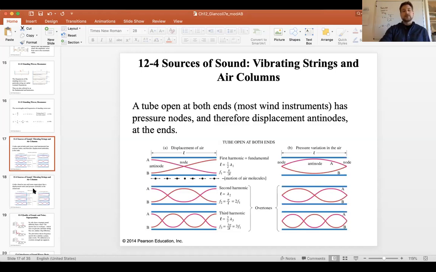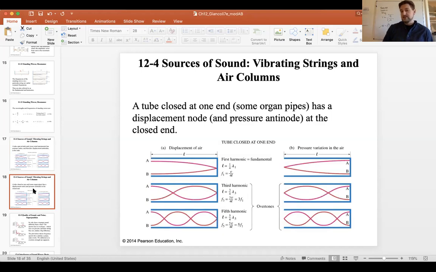For an air column open only at one end, the story is a little bit more complicated. We need a node at the wall and an antinode at the opening.